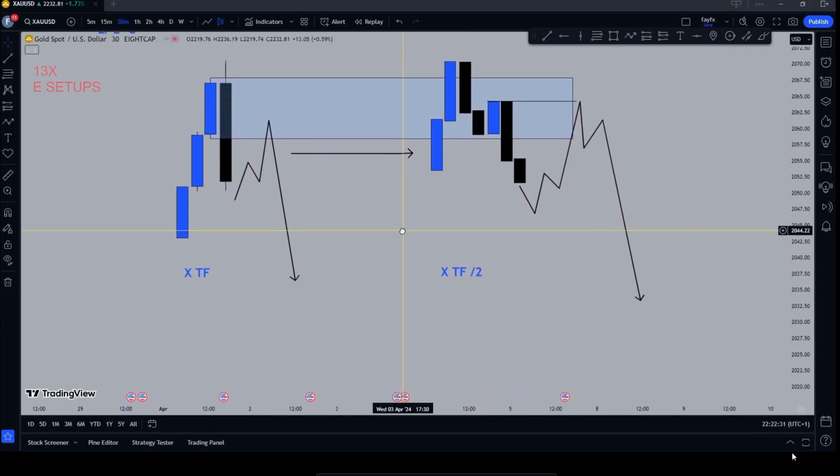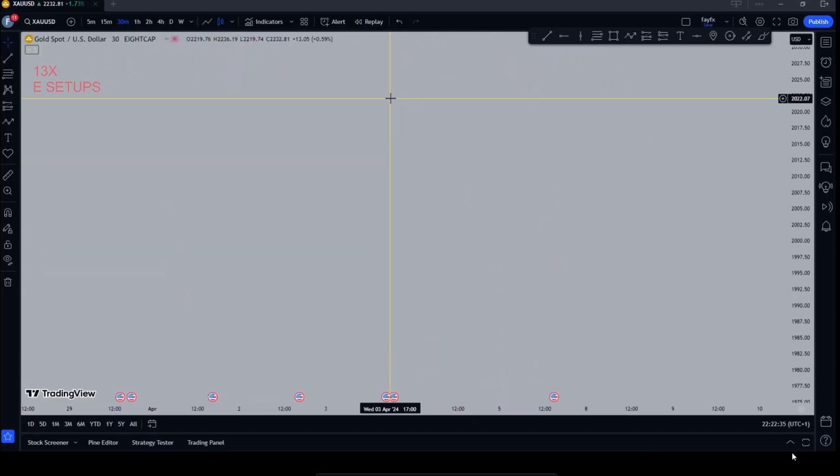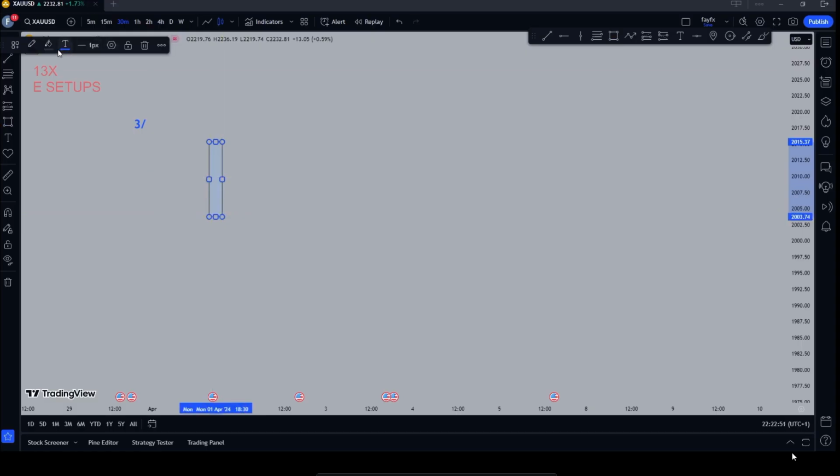Let's go to the third example, or the third entry. The third entry is used for continuations. Here we are bearish.